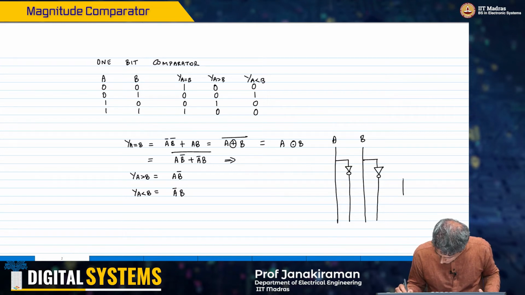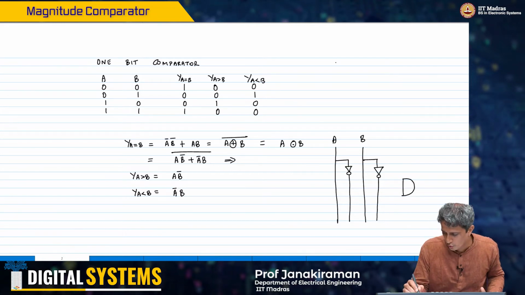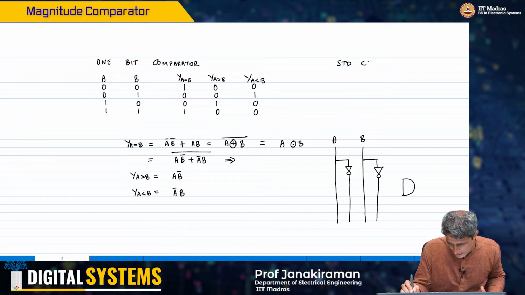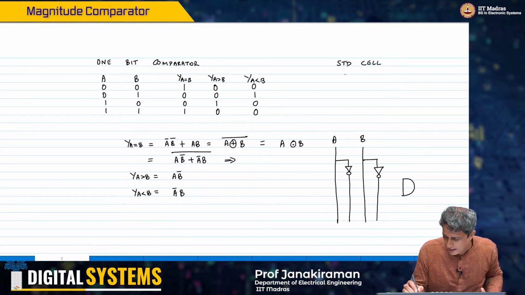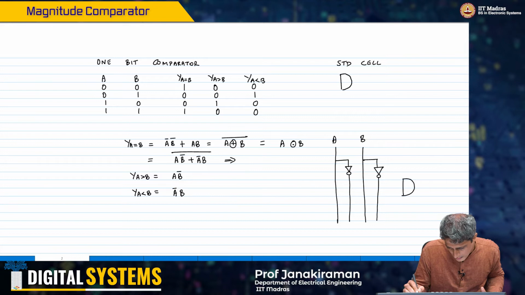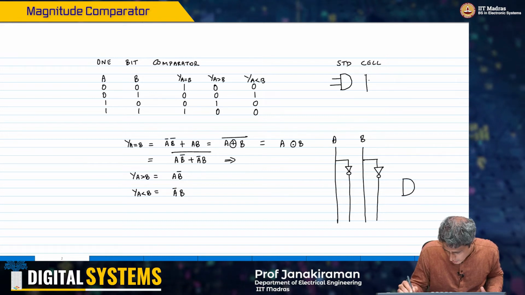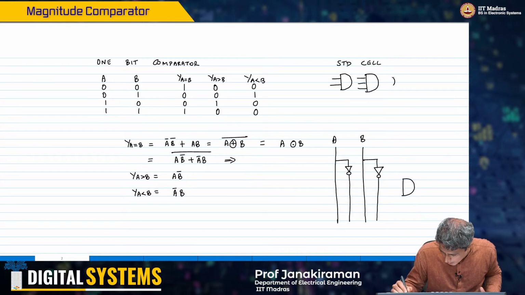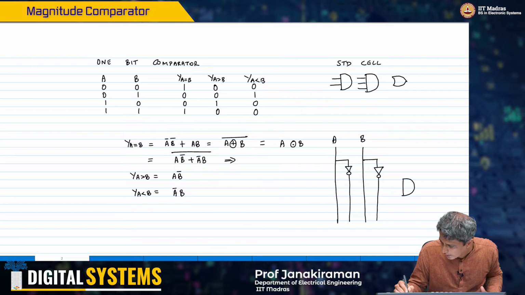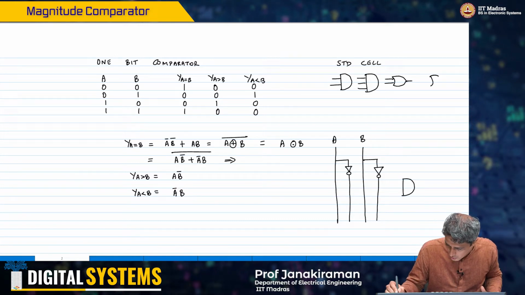So I have an AND gate. Okay, I'm going to assume again the standard cell has AND gates, 2 input, 3 input, OR gates. Okay, I'm assuming in this case there is no XOR, by the way.